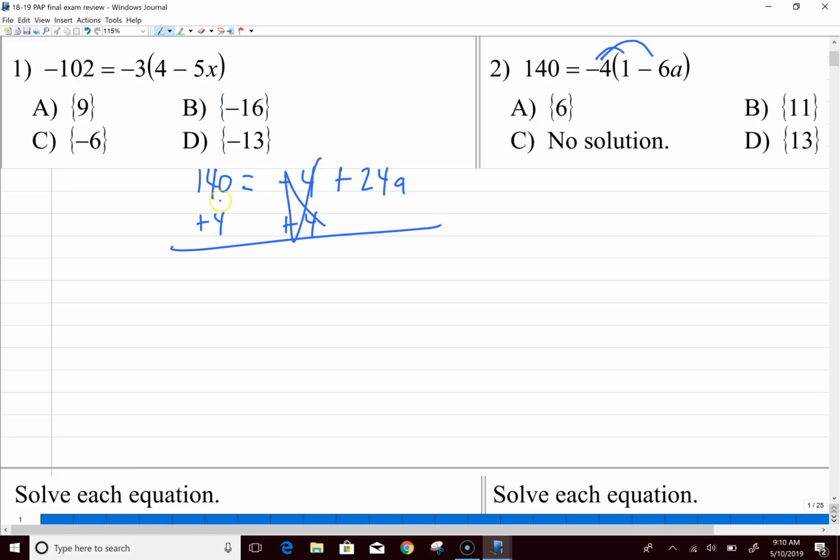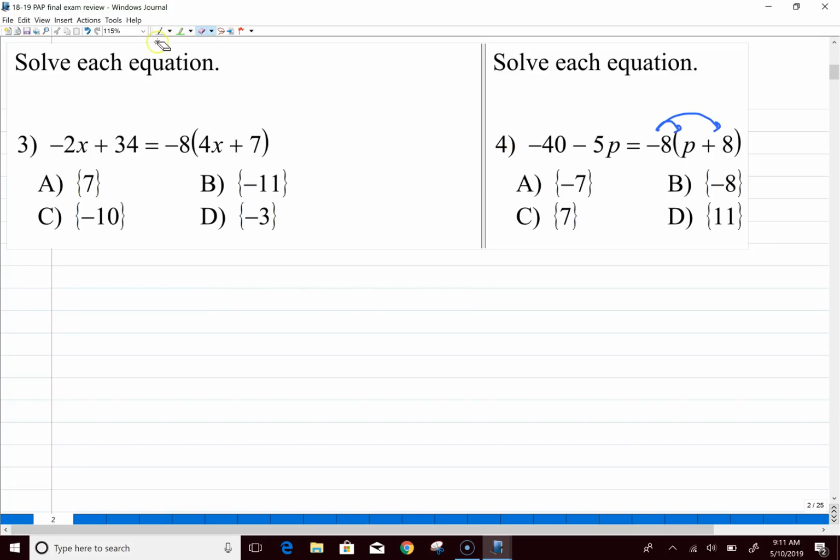That goes away. 140 plus 4 is 144. And that's equal to 24a. Get the a by itself, so we need to divide by the number in the front, divide by 24. And 144 divided by 24, 6? Yeah, it's 6.